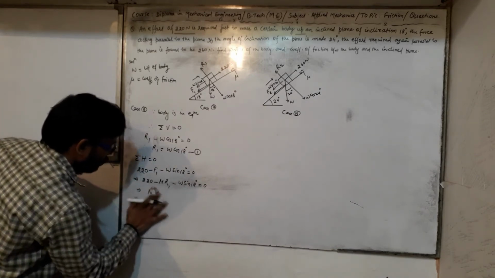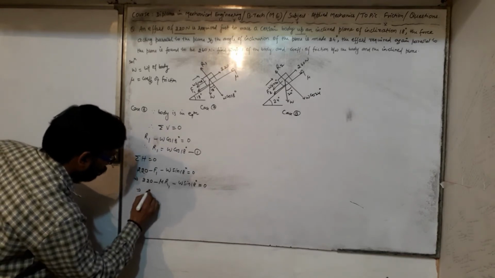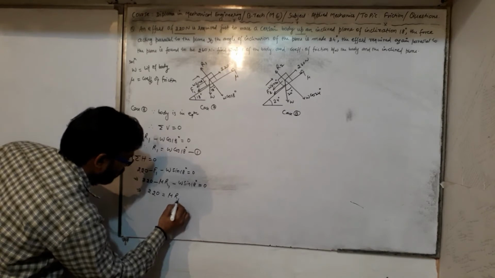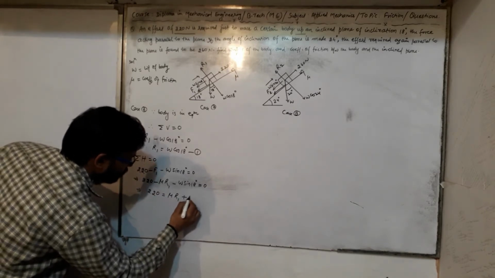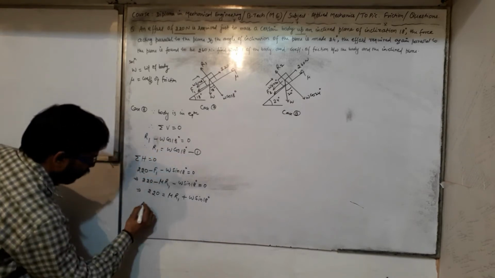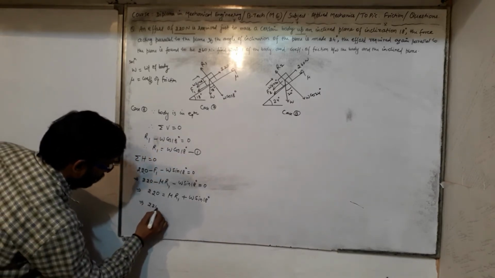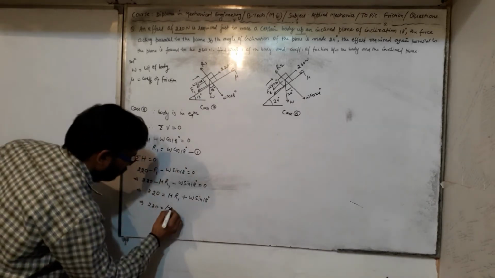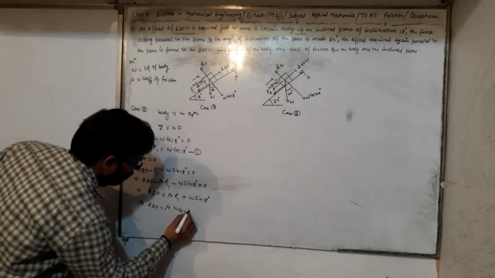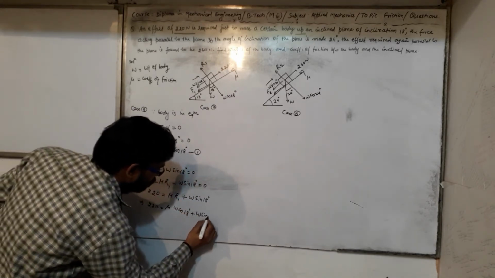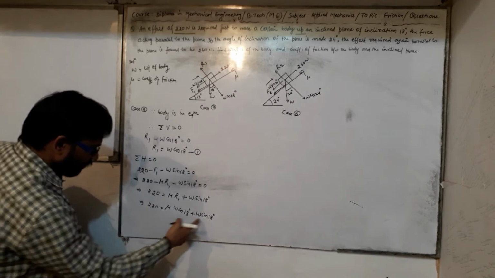Transposing the term to the right hand side, it becomes plus W sin 18 degree. So 220 equals mu times normal reaction R1, which is nothing but W cos 18 degree from equation 1, plus W sin 18 degree.